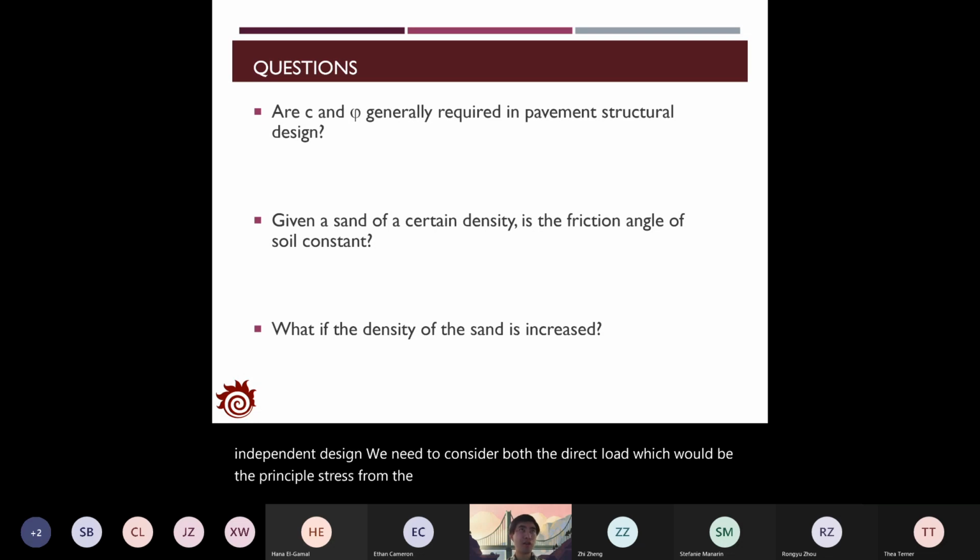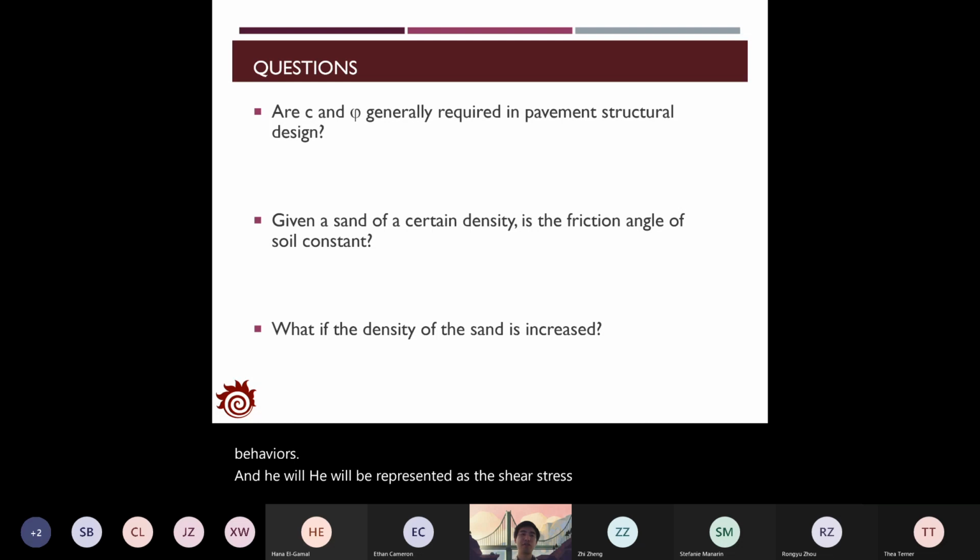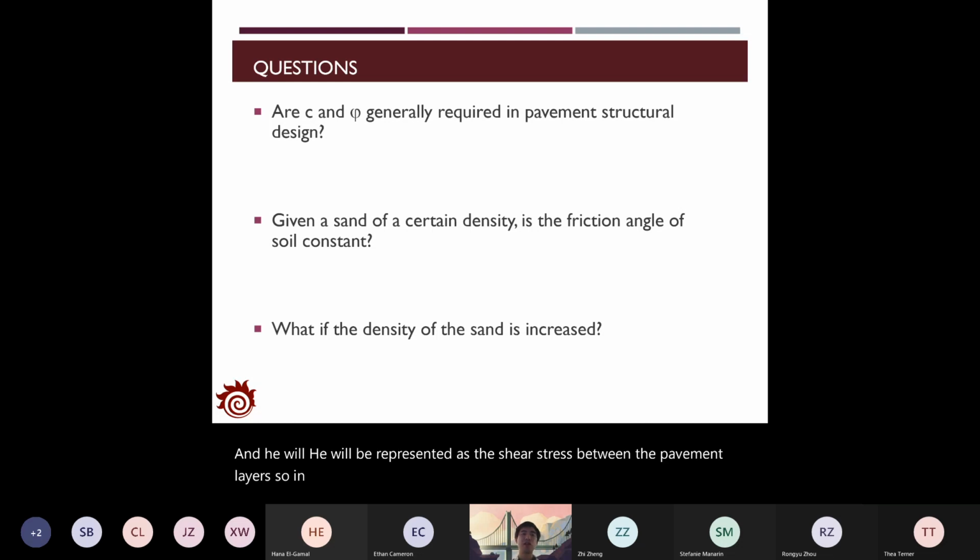We also need to think about the movement of the traffic, which is reflected as acceleration and deceleration behaviors, and it is represented as the shear stress between the pavement layers. So in that sense, we need to consider the cohesion and the friction angle. So the answer is yes for the first one.